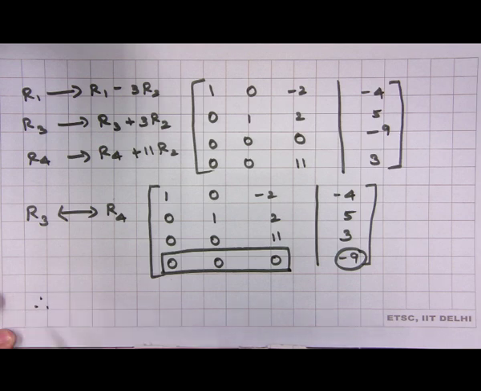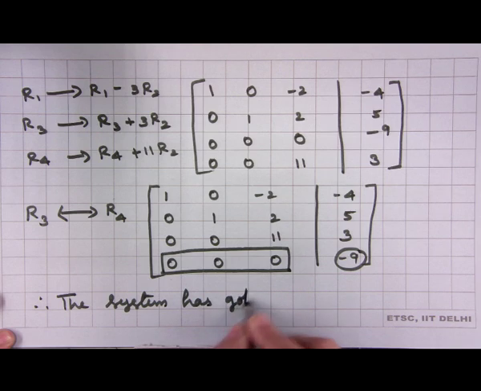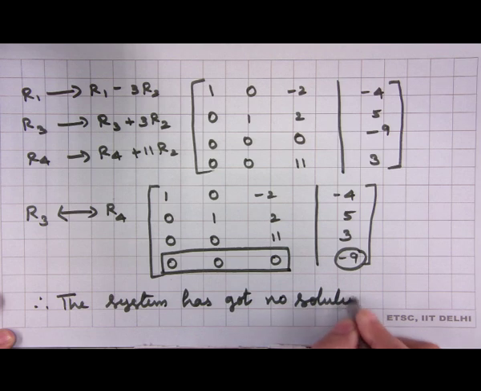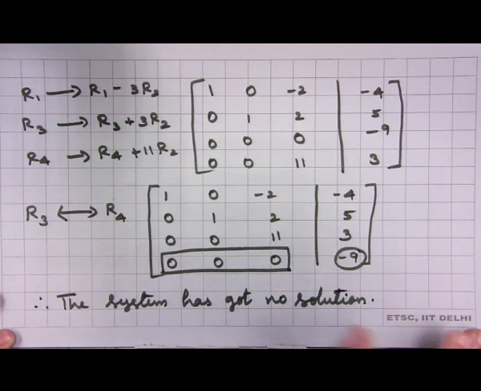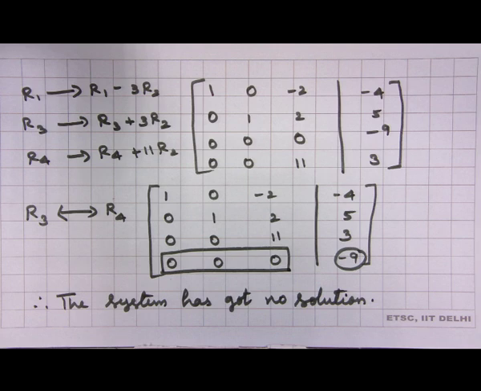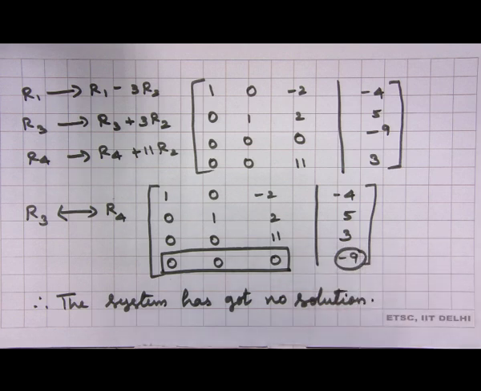Therefore, the system has got no solution. Because you have a zero row in the coefficient matrix, while in the augmented matrix you have a non-zero term, and therefore, this system has got no solution.